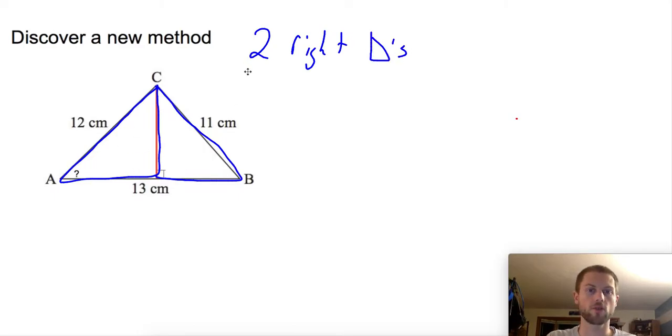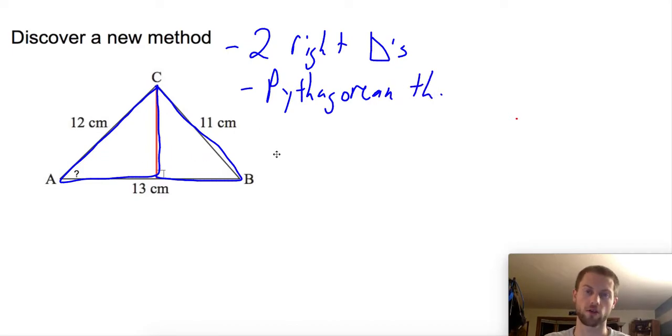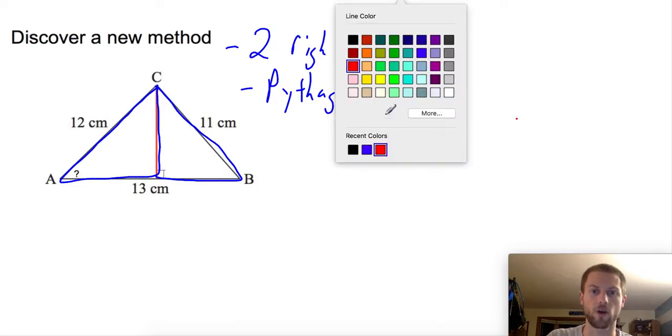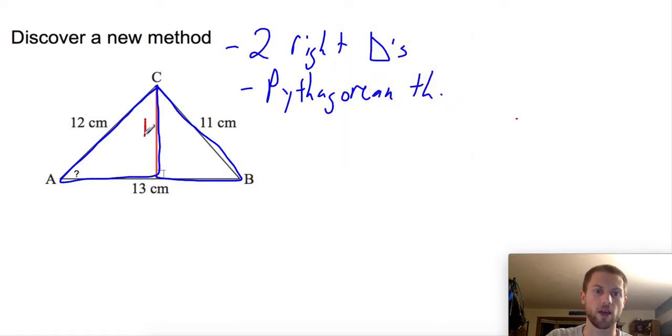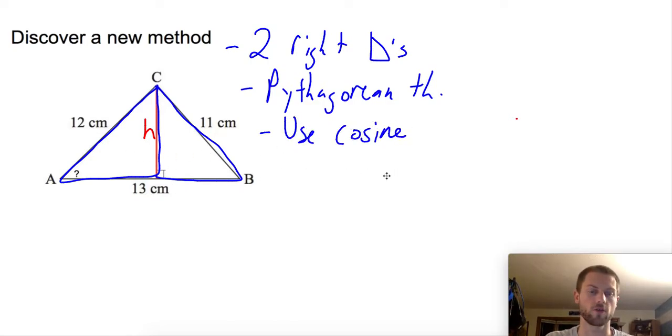You're also going to have to use the Pythagorean theorem with each of these two triangles. It would probably be helpful to call this height h. You're also going to need to use cosine somewhere in the mix with these right triangles that you've constructed.